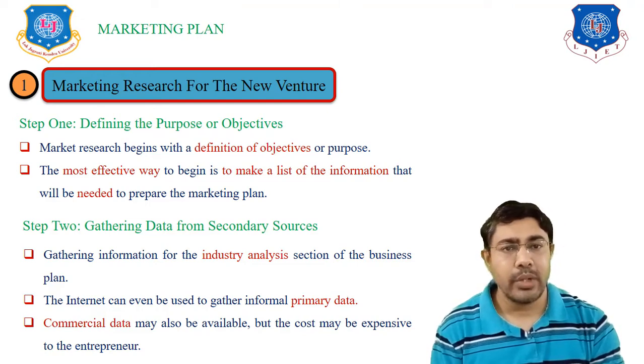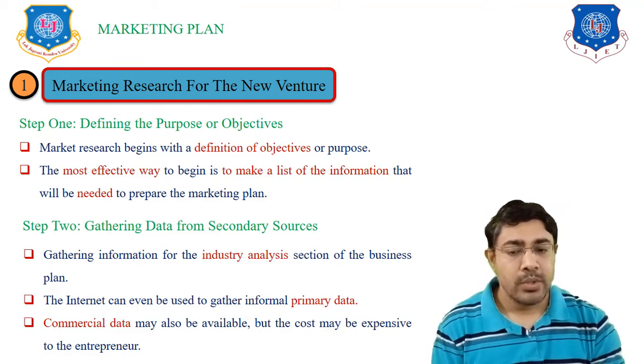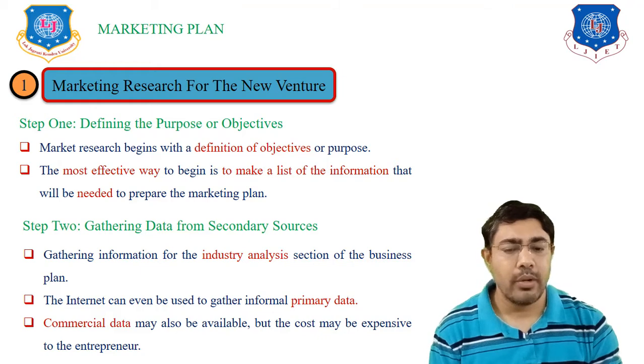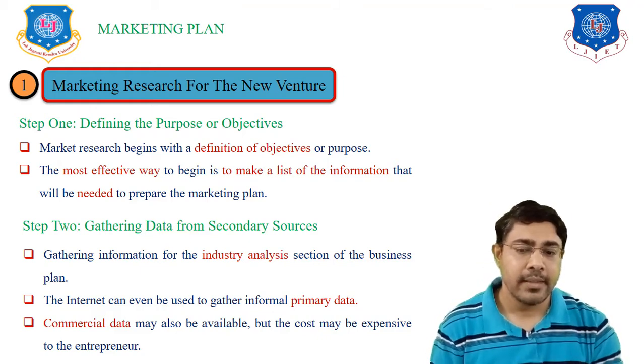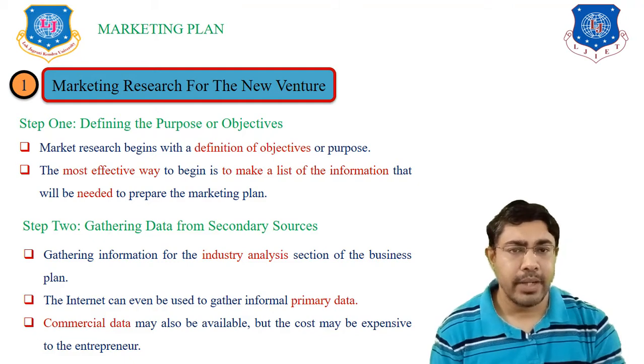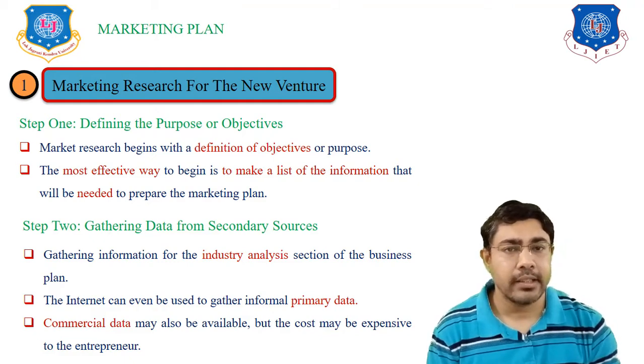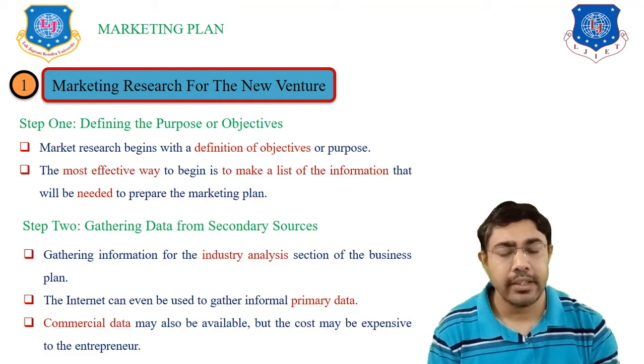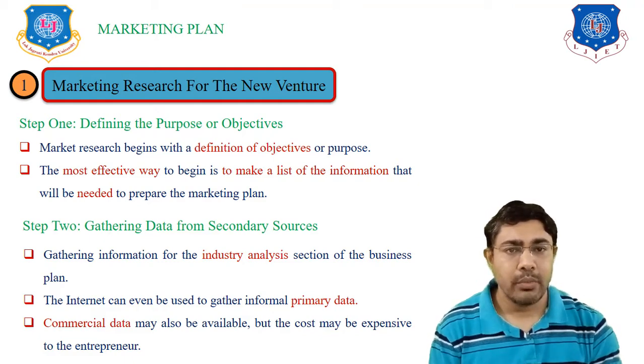There are two types of data, primary data and commercial data. To gather the data, you can use both. But first priority is given to collecting data from the internet so that you do not have too much expense.